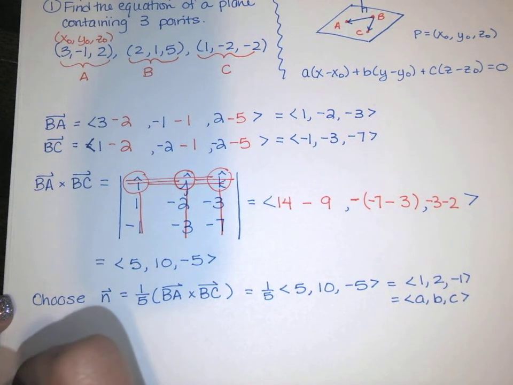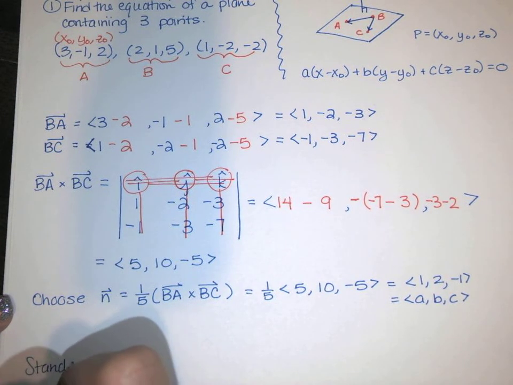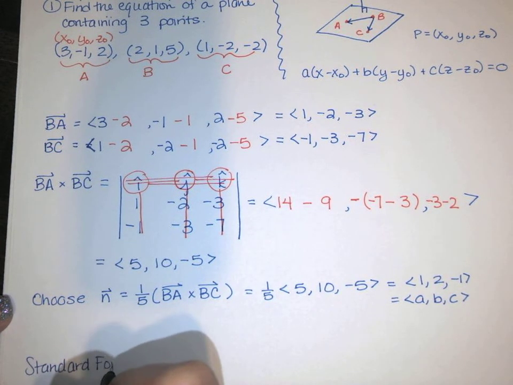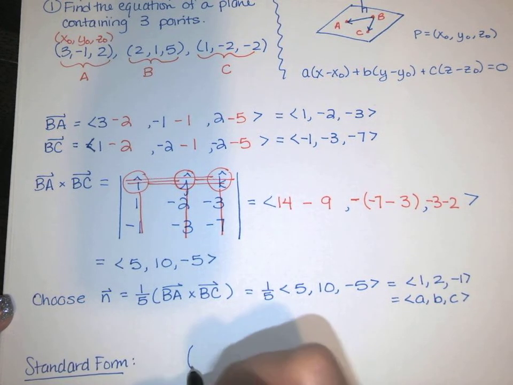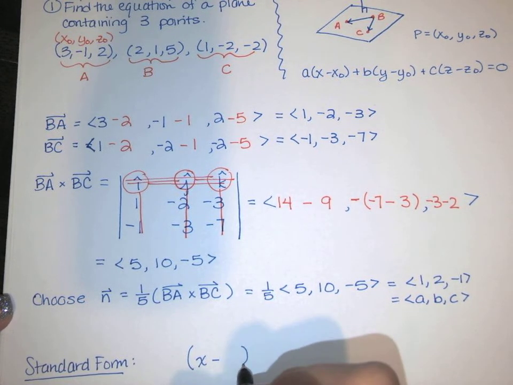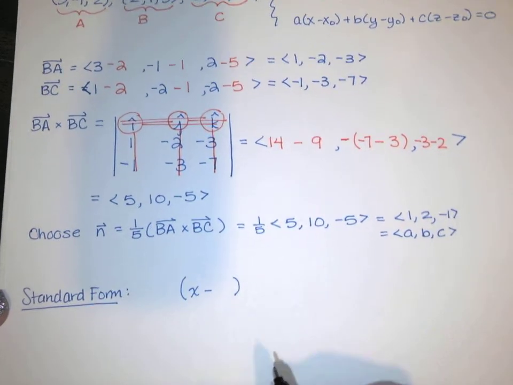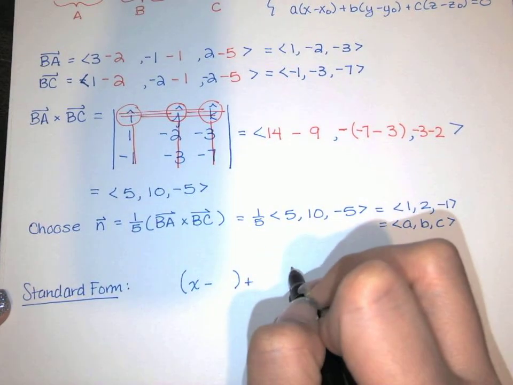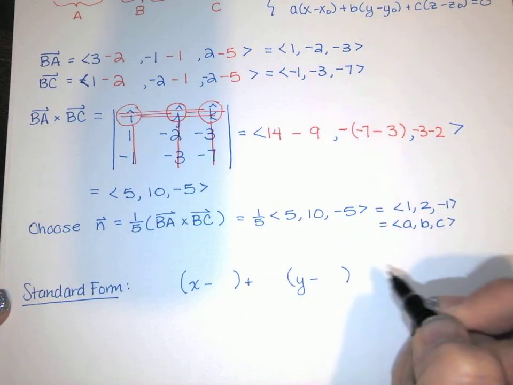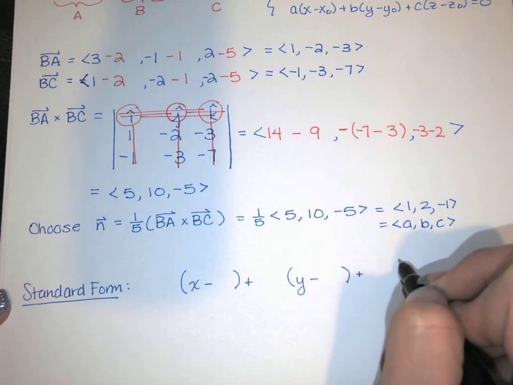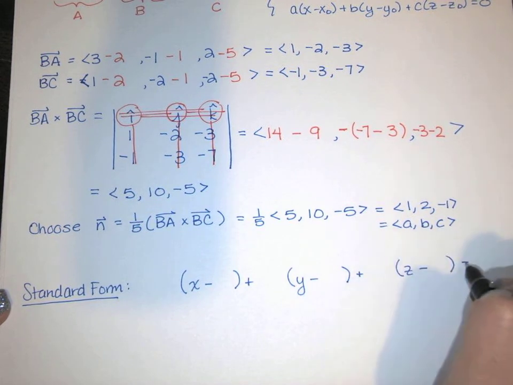And I'll write my equation of the plane in standard form. So we have A, I'm going to fill that in a minute, times the quantity x minus x naught, plus B times the quantity y minus y naught, plus C times the quantity z minus z naught equals 0.